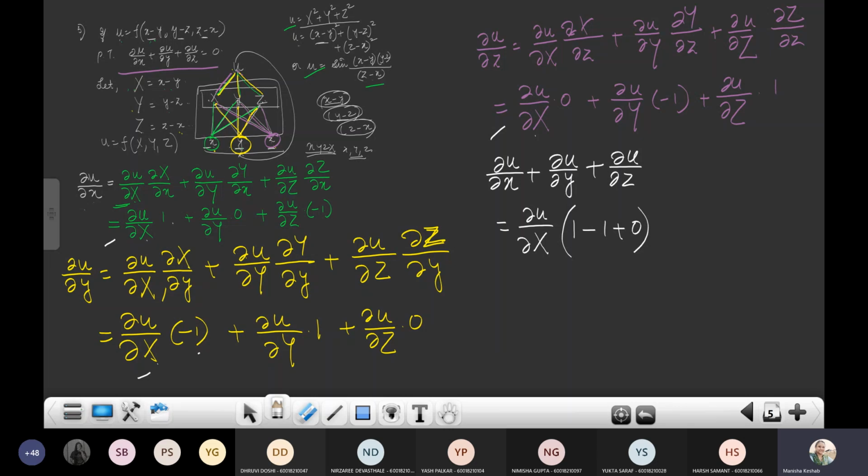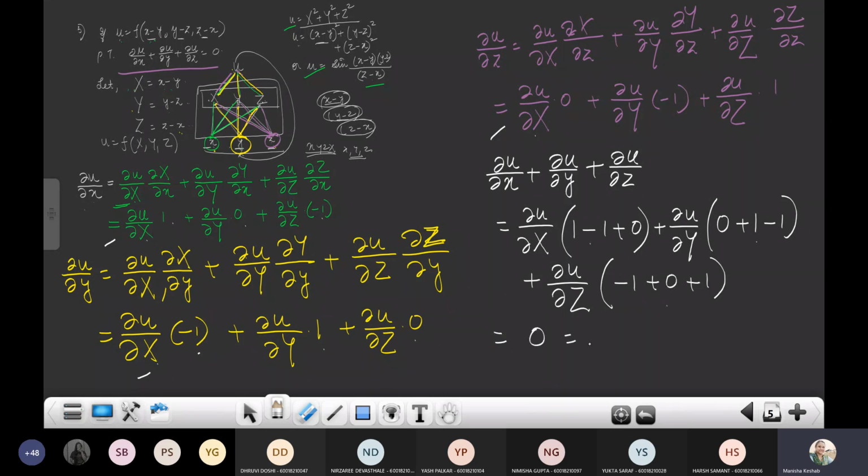Next you have ∂u/∂Y, and then you have 0, 1 and minus 1. Next you have ∂u/∂Z, and then you have minus 1, 0 and 1. So finally what you are getting, here 0, here 0, here 0. So this is equal to 0. See, is this clear? Any doubt?